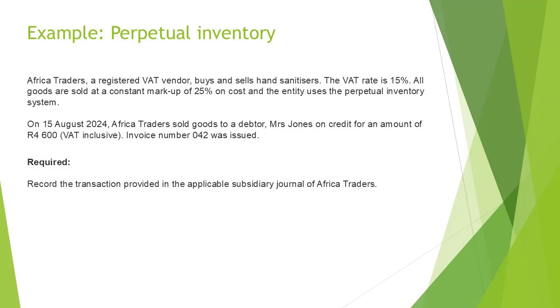On 15 August 2024, Africa Traders sold goods to a debtor, Mrs. Jones, on credit for an amount of R4,600, VAT inclusive. Invoice number 42 was issued. We are required to record the transaction in the applicable subsidiary journal of Africa Traders.